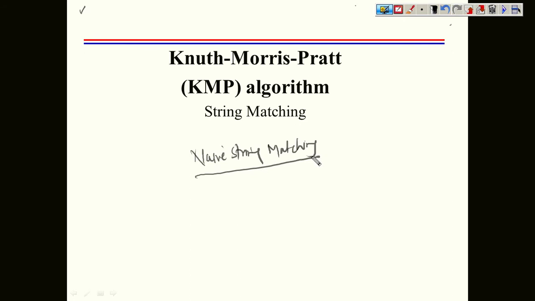We have seen that after doing a lot of valid comparisons, when many of the pattern's characters are matching with the text characters, and once you get an unmatched character, then in the next iteration you start again from the very beginning, and this takes a lot of comparisons.